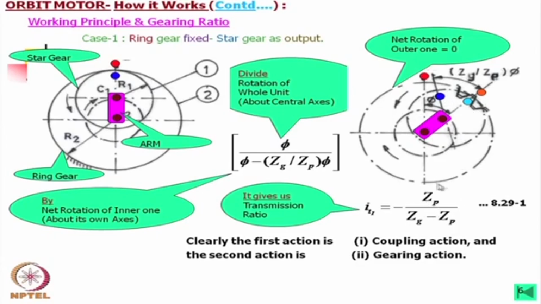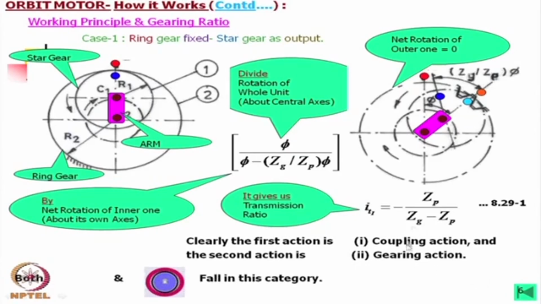So, this is the total transmission ratio we get out of this pinion, the star member, which is the output of the harmonic drive and of the orbit motor which I have shown.